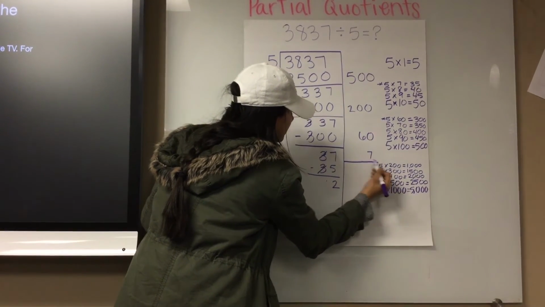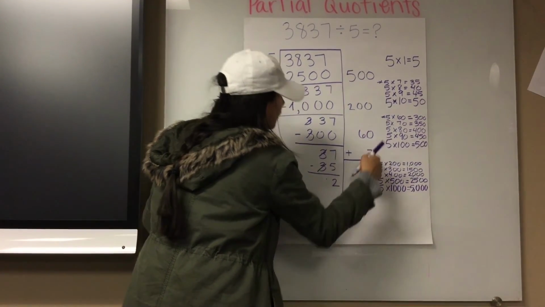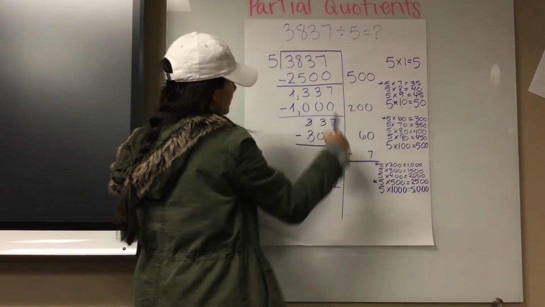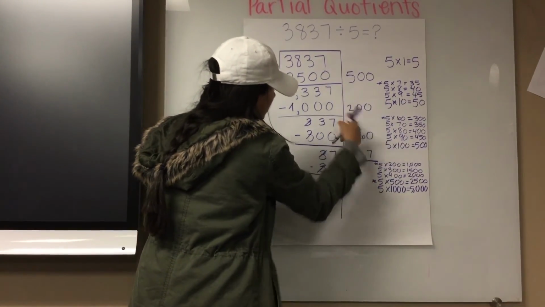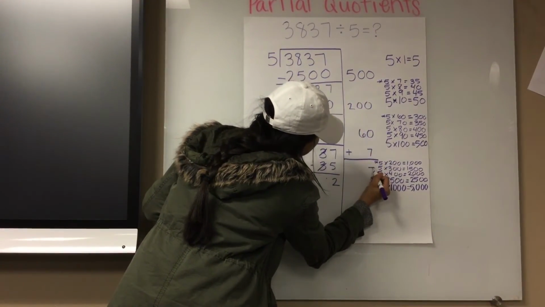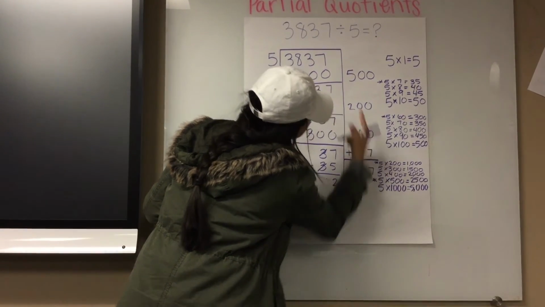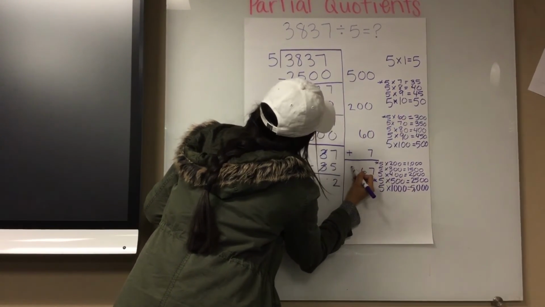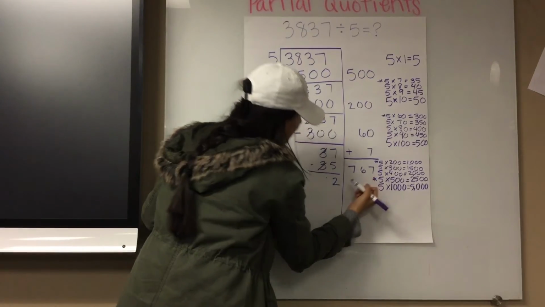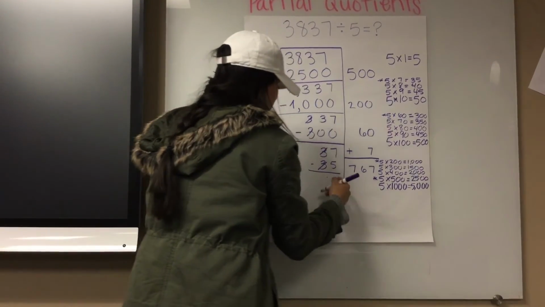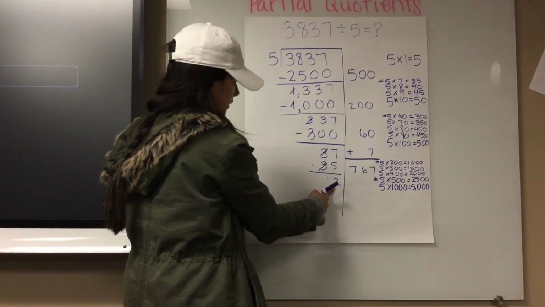So then on our right side, we're going to add up all of those numbers. And we'll start in the ones place and go up to the hundreds. So ones will equal 7, tens will equal 6, and 5 plus 2 in our hundreds equals 7. So we're left with 767. So then our 2 on the left side is our remainder.